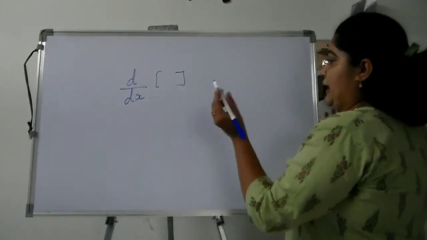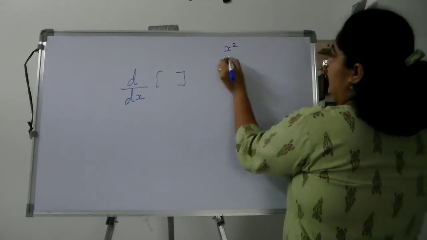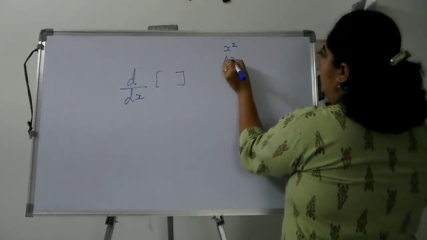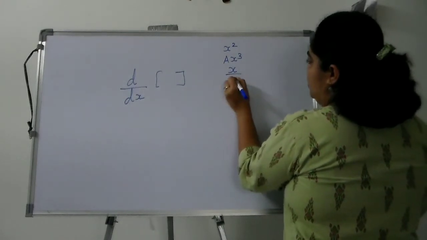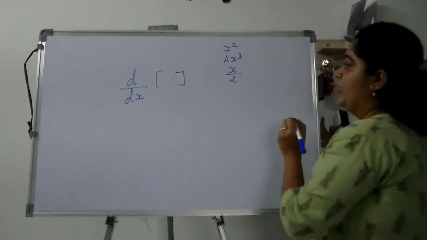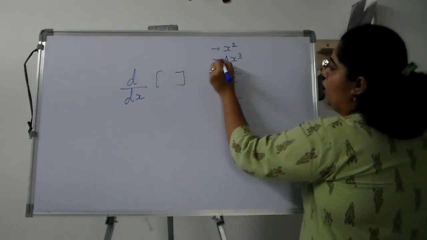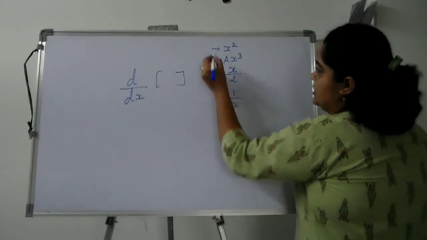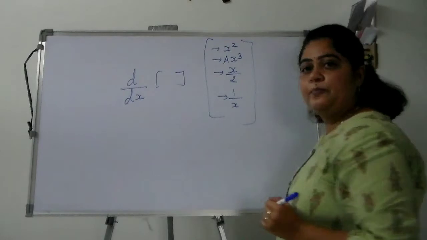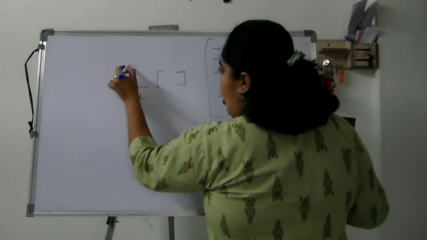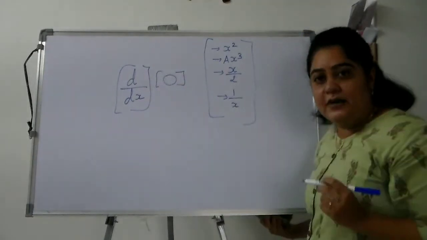Right now our function can be x square, it can be a into x cube, it can be x by 2, or it can be 1 by x. So these are all different functions that can be put into this bracket, and this is an operator which will be operated on a function.